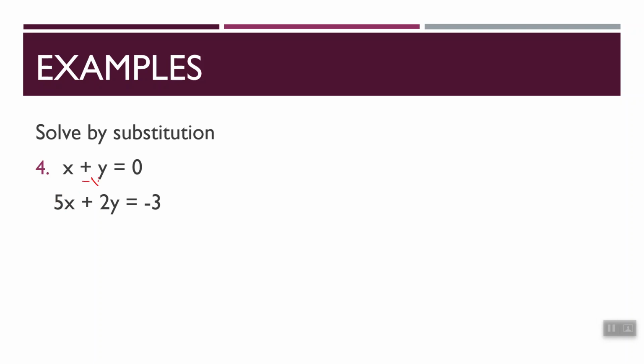I'm going to go ahead and subtract y from both sides here. That's going to give me x equals negative y. I don't have to write the plus 0, but since x equals negative y, I'm going to plug this expression in for x, because it's what x equals. x equals negative y, so I can replace the x with a negative y.